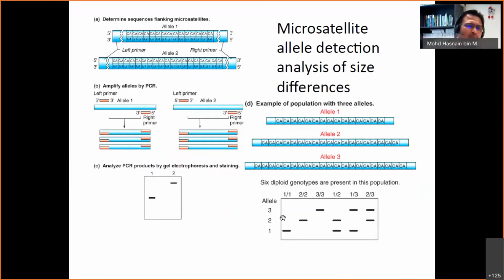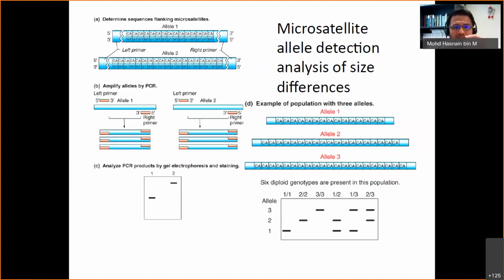Okay, so PCR can be done to detect differences between individuals. Okay, for example, in this case, I am using this one. I just go straight to this microsatellite allele detection, analysis of size differences. Okay, remember the one that I showed as an example. Allele.